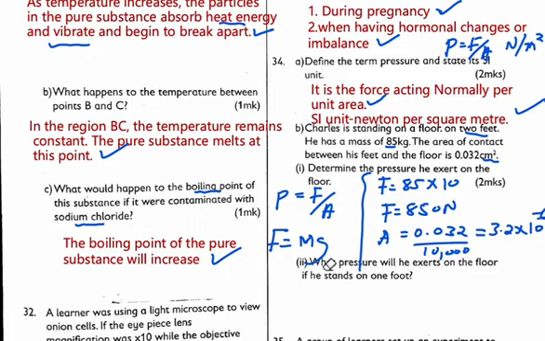I'm going to divide these two. Allow me to write here for my working. So pressure will be the force, 850 newtons, over the area, which is now 3.2 times 10 raised to negative 6 meter square.